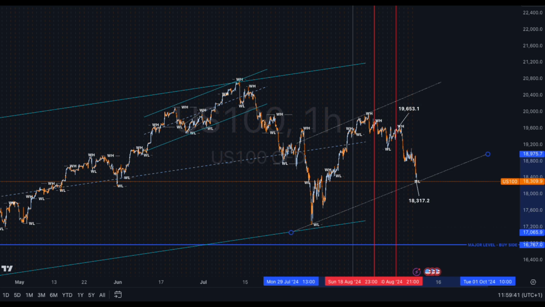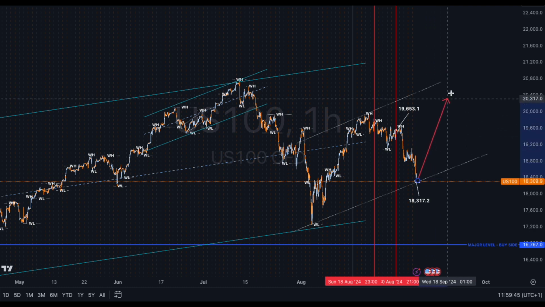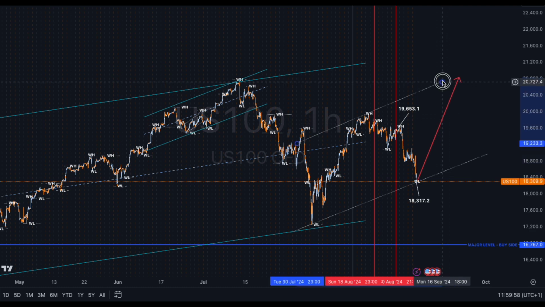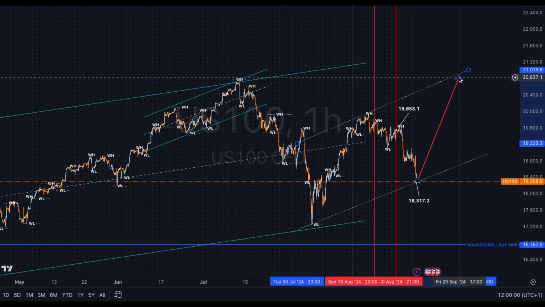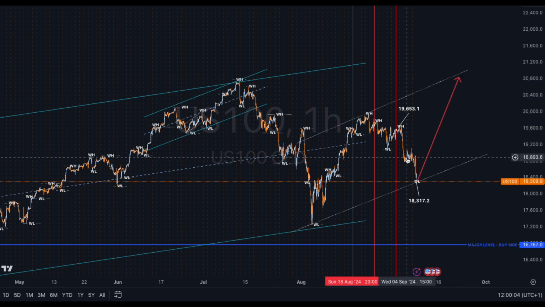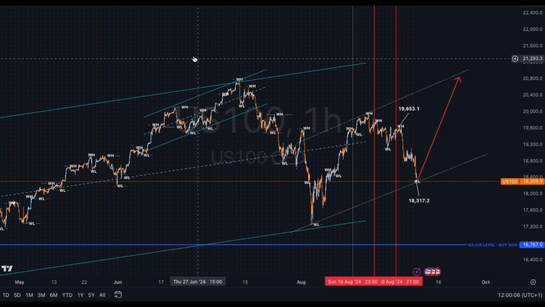So the first scenario on a Monday, possibly Tuesday, is we get price starting to push upwards, at which point a weekly high will be taken out, and I believe it will be very, very quick. So it will be an explosive move to the upside. You might not even be able to catch it. And then once it blasts past it, we have to wait to see what it plans to do next. So that's one scenario of what could happen next week.